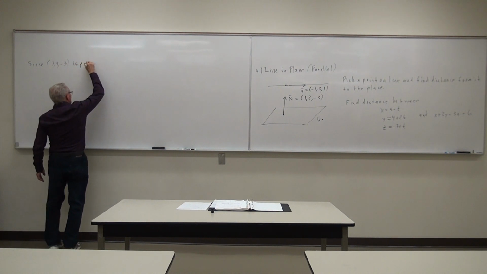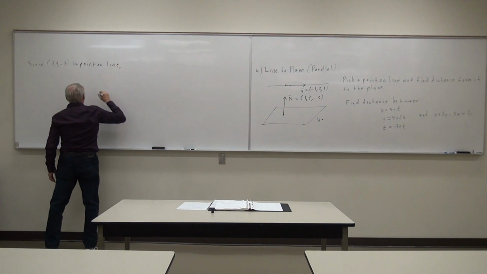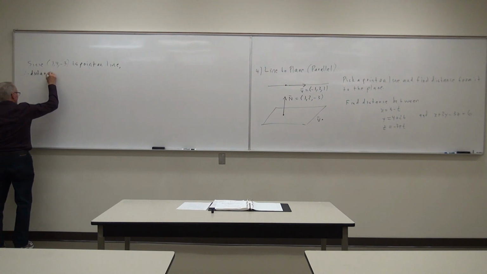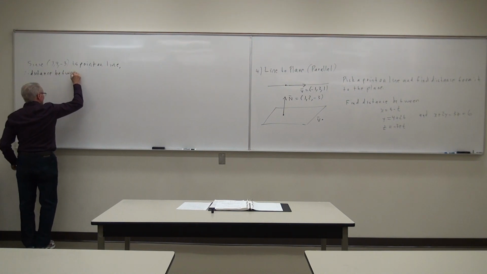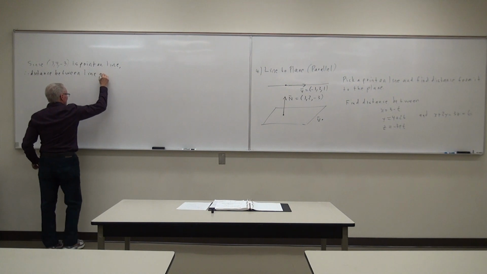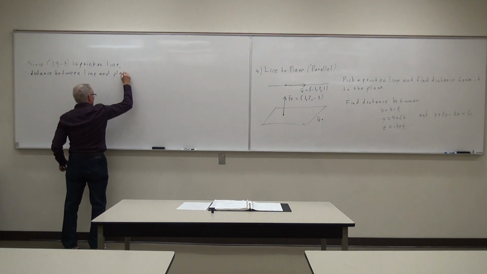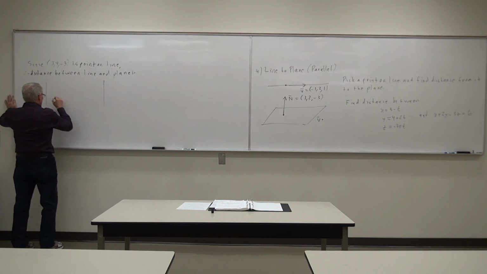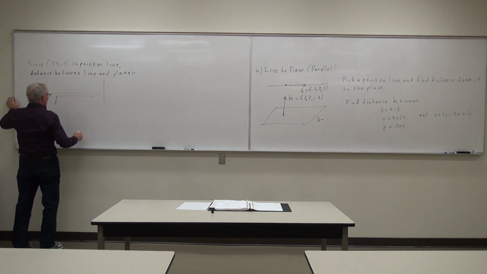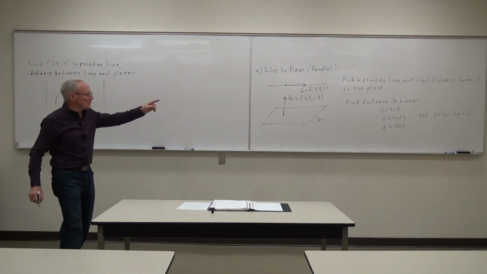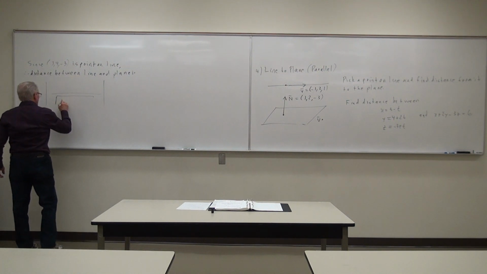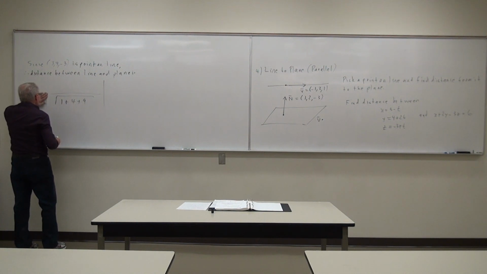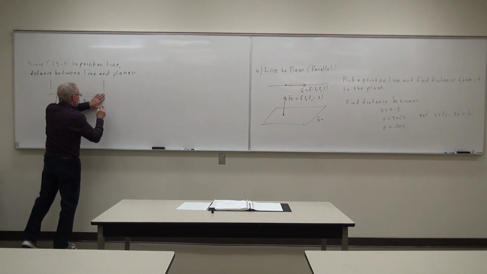So since that is a point on the line, the distance between the line and the plane is the absolute value of something over the square root of something. On the bottom go the coefficients in the plane: 1, 2, and 3 squared, so 1, 4, and 9. The top, what do we do? There's no absolute value on the whole thing, just around the top.